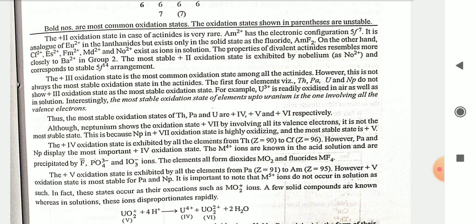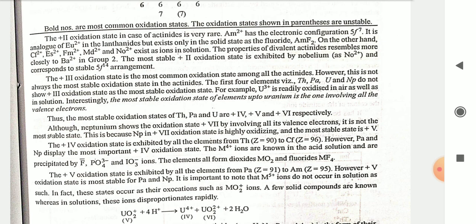The +3 oxidation state is the most common oxidation state among all the actinides. However, this is not always the most stable oxidation state in the actinides. The first four elements Th, Pa, U, and Np do not show +3 as the most stable oxidation state.